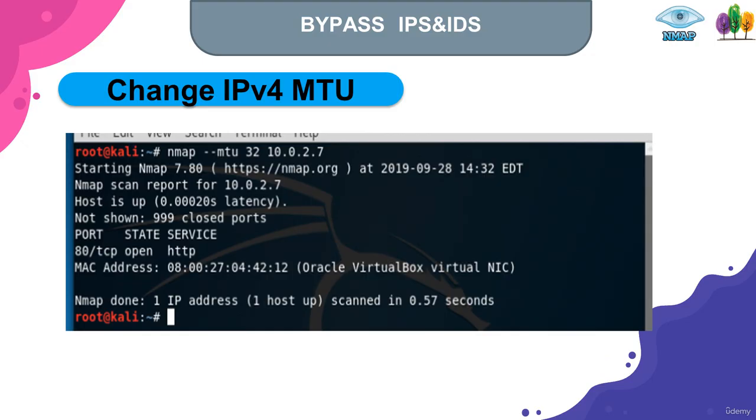During scanning, Nmap will create packets based on the MTU we provide. For example, if we set the MTU to 16, Nmap will generate packets of 16 bytes and cause confusion on the firewall. Now, please note that the MTU value must be a multiple of 8. So 8, 16, 24, 32, etc.